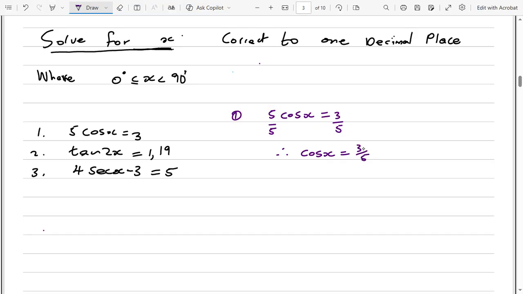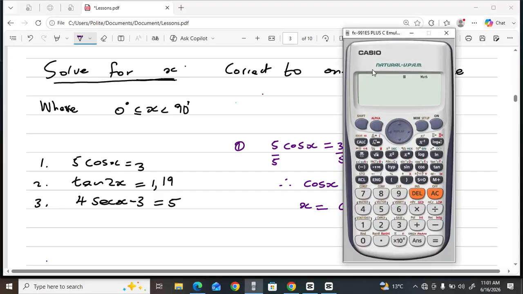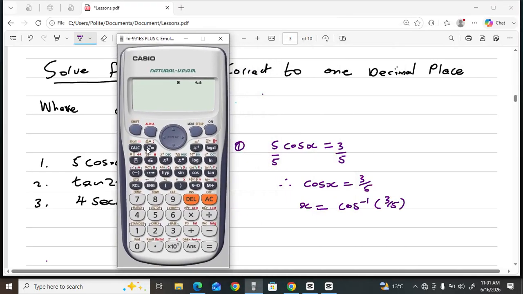You understand that? We need to solve for x. So x will be the cos inverse of 3 over 5. You know how to punch that on the calculator, right? It's the cos inverse of 3 over 5.